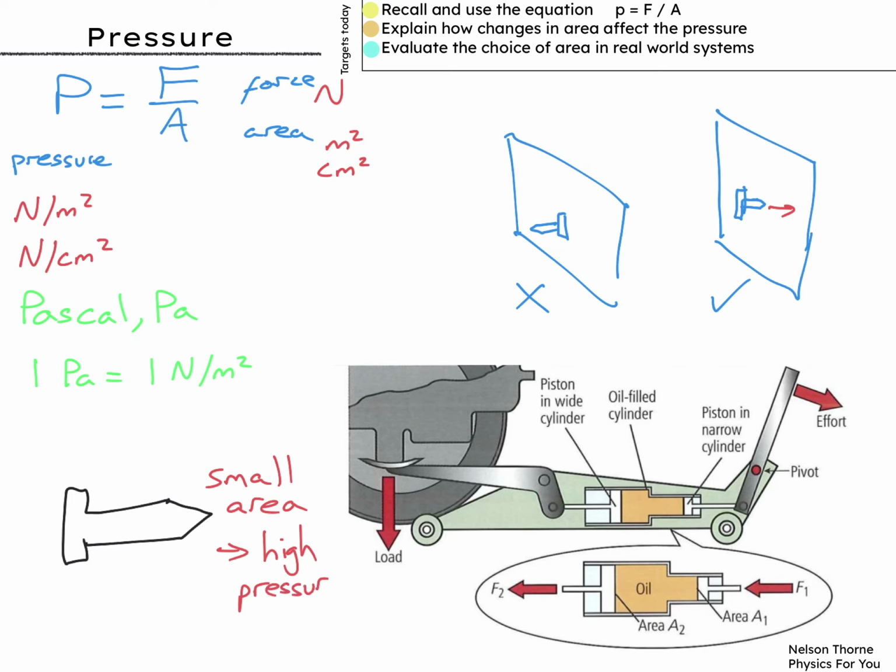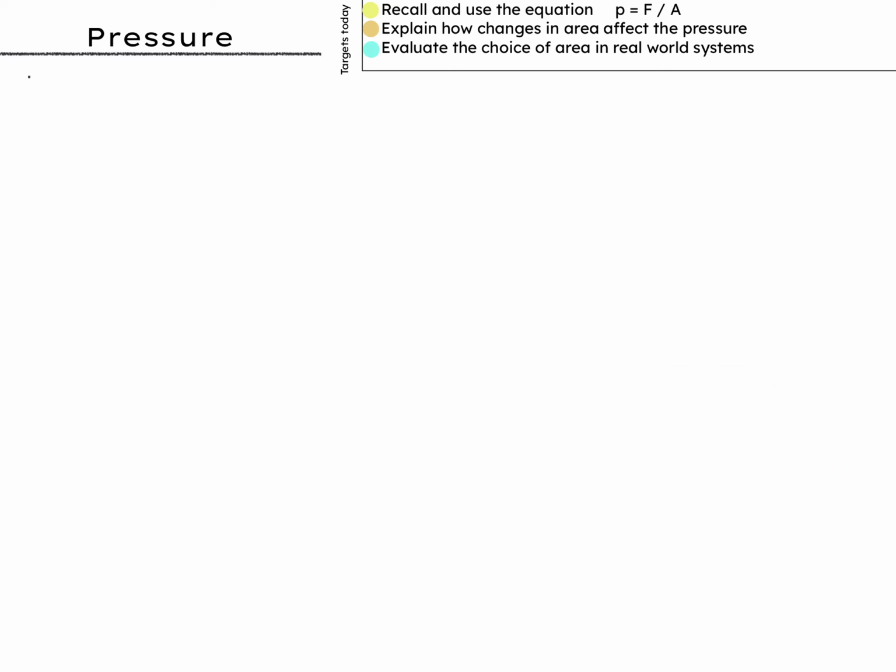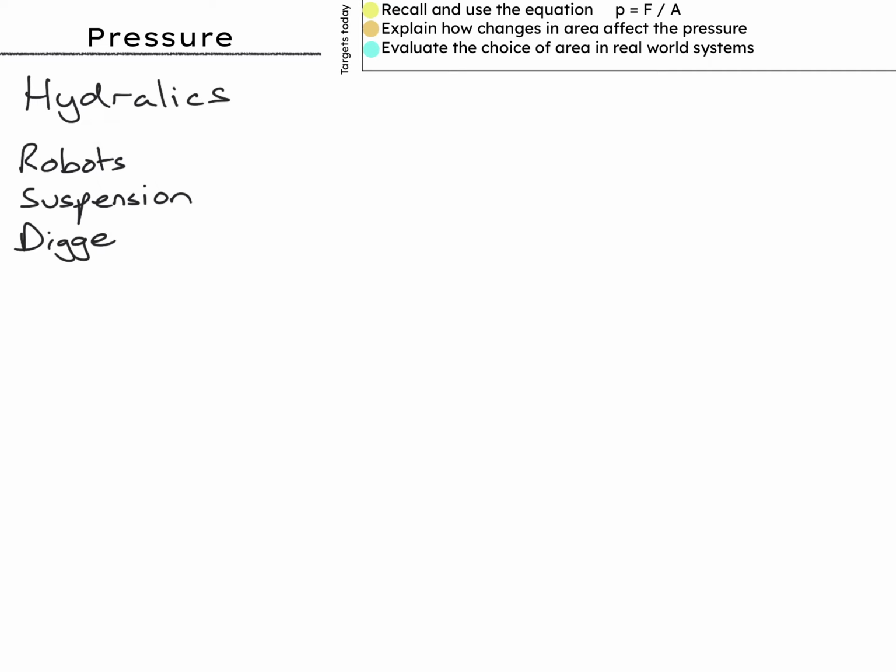So, let's put this knowledge to use by looking at hydraulics. Hydraulic machinery uses liquid to transfer forces. It's used to make robots move, suspension in cars, and mechanical diggers, which is probably the most likely example to come up in a test.